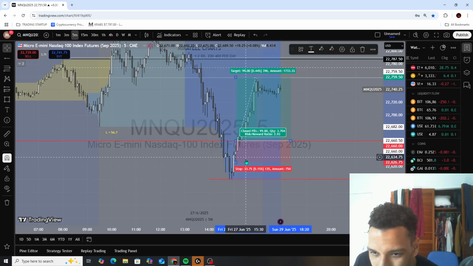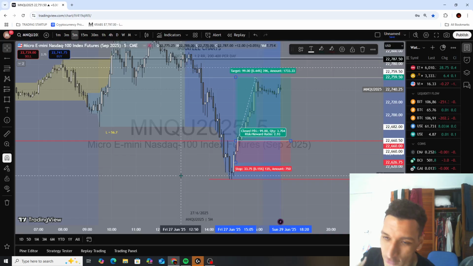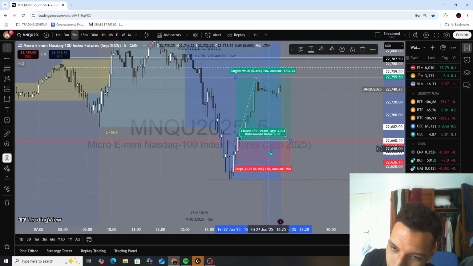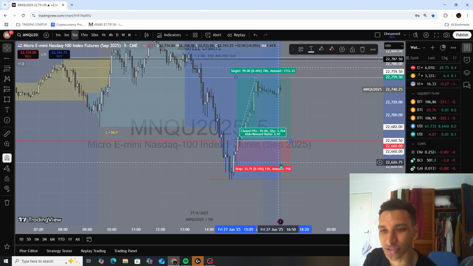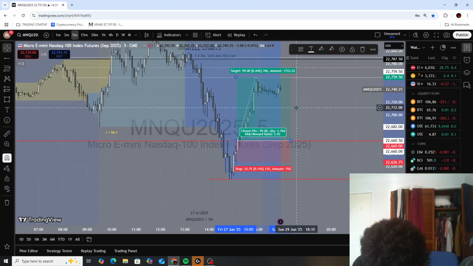You're gonna have to wait for that low to be swept, get candle confirmation in that direction, and then boom, entry. This is just nice. The strategy is always there. So it's more like, okay, I can't over-leverage, I can't risk too much, I can't get FOMO. What I need to do is just stick to the plan, the system.